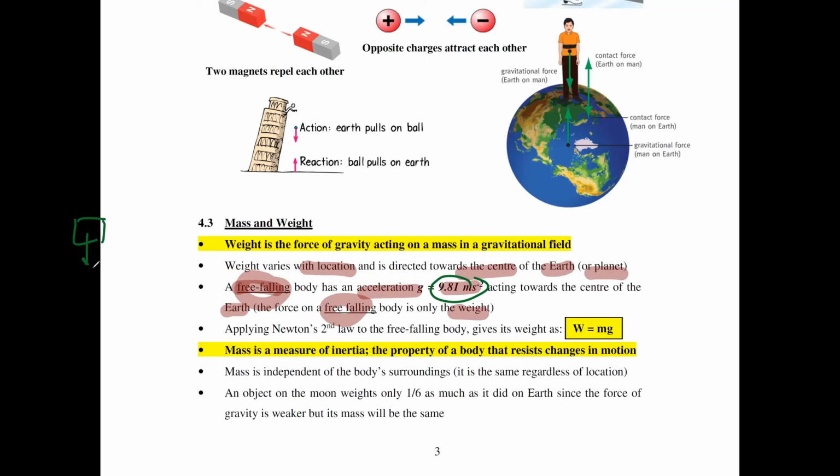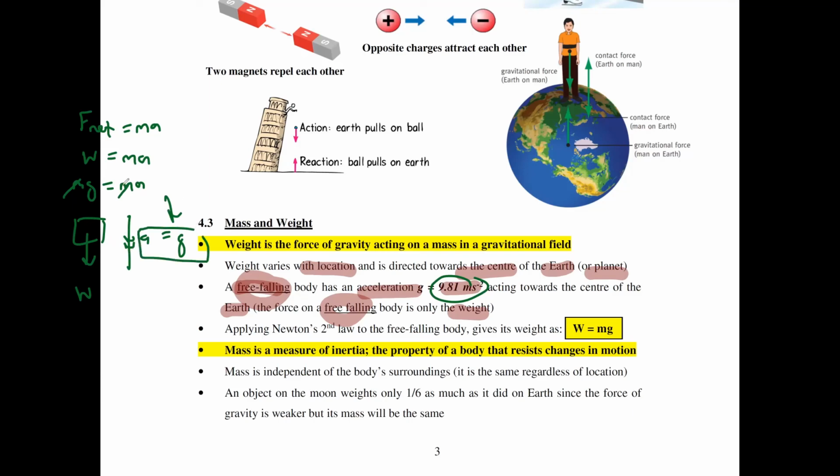If the only force acting is your weight and you have a certain acceleration as it falls, it will always be equal to g. Because that time I mentioned to you, F net equals ma. The resultant force is just the weight, and weight is defined as mg equals ma. Here, the mass will cancel off, giving you a equals g.